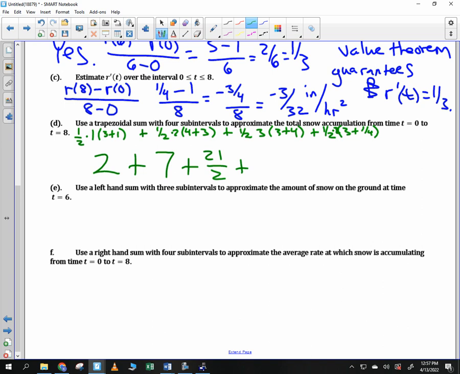And then 1/2 times 2, again, is 1, and then 3 plus 1/4, that'll be like 13/4.